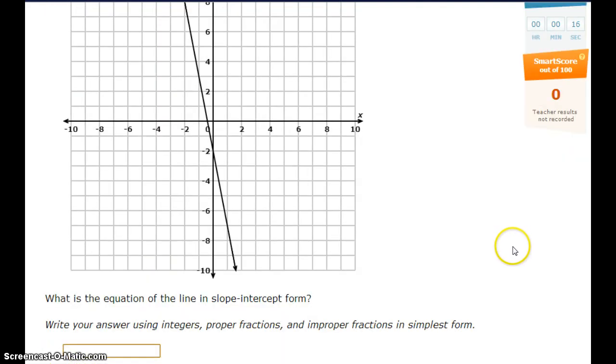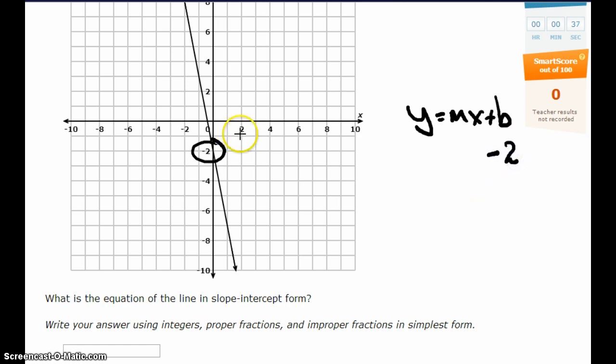Well, the final way that sometimes we have to deal with this is sometimes we're given the information and they tell us to write the equation. Okay, so let's take a look at this. We know that y equals mx plus b, where b is my y-intercept. So my y-intercept here is negative 2. Well, what's my slope? It looks like I go down 1, 2, 3, 4, 5, and go over 1.